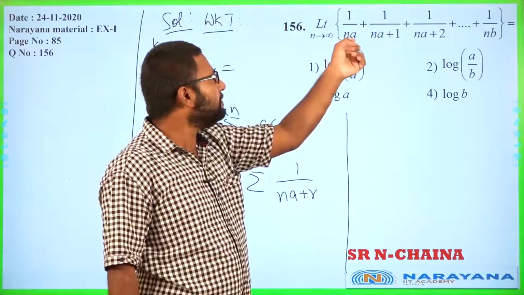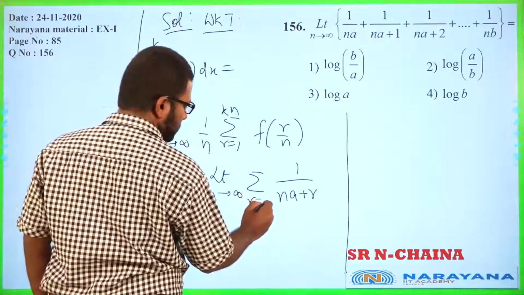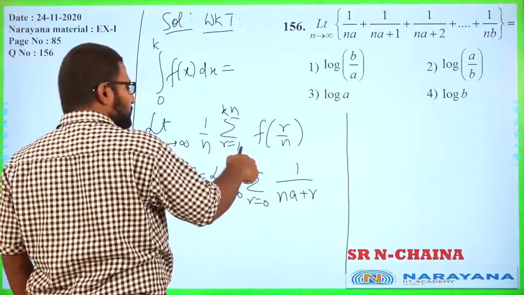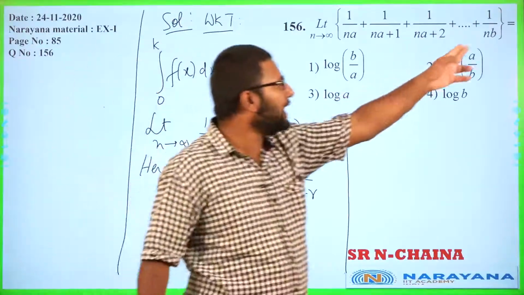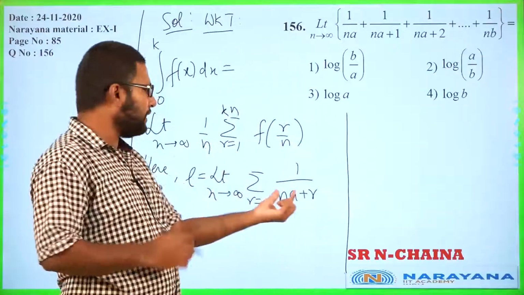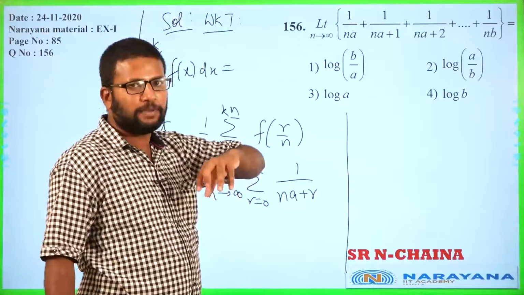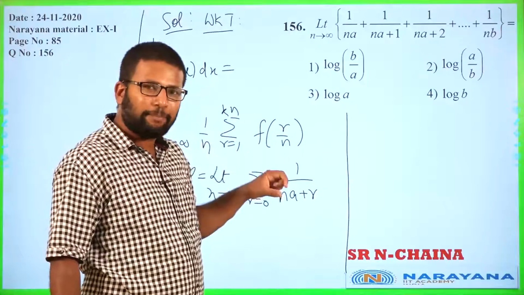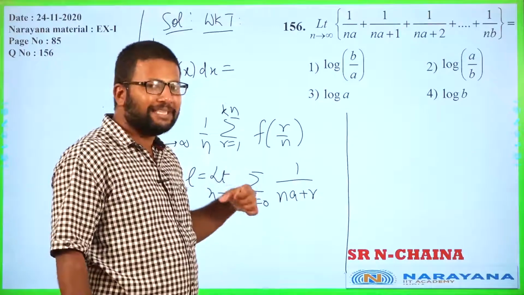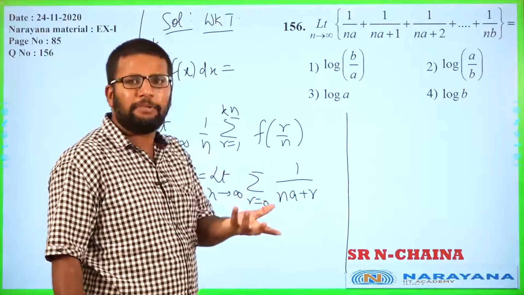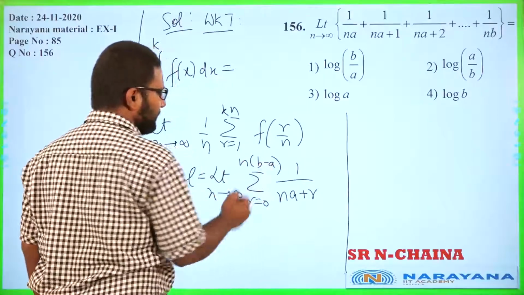But remember, there is no r here, which means I will go with r equal to 0 to, now this will be confusing. What should be the last value of r, so that I should get nb? Think na plus what gives me nb? We just mentally work it out. Na plus, let us say not x, na plus t gives me nb, therefore t is nb minus na, correct? We will just write n into b minus a.